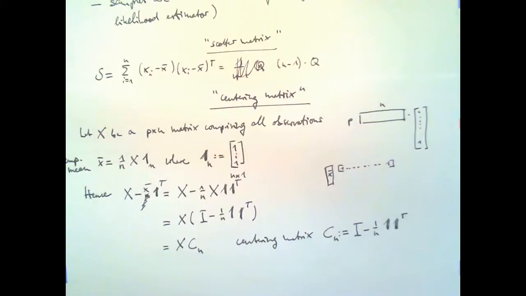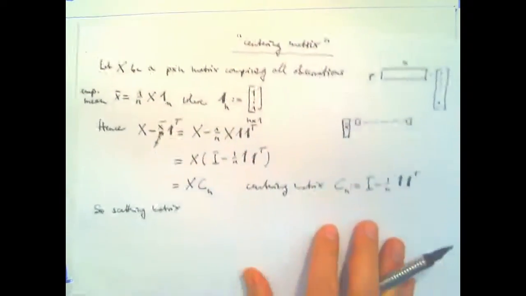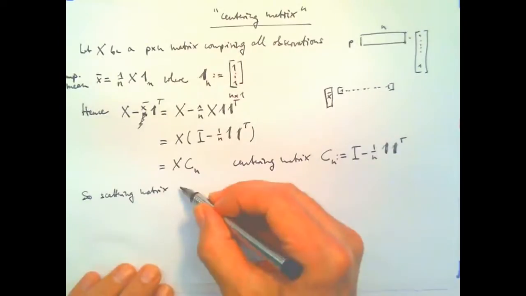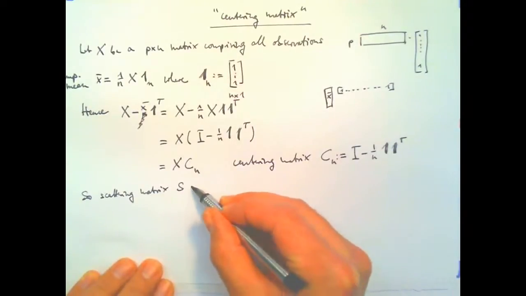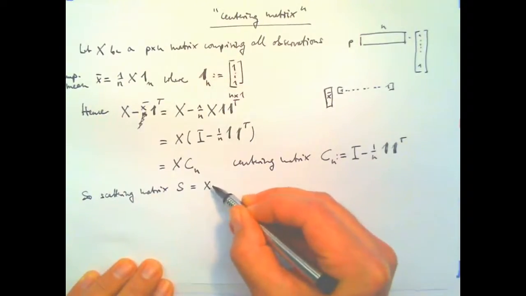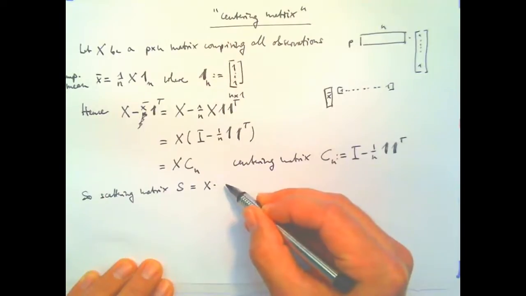Okay, so I can now rewrite the scattering matrix as follows. So my scattering matrix S now becomes X times C_n.